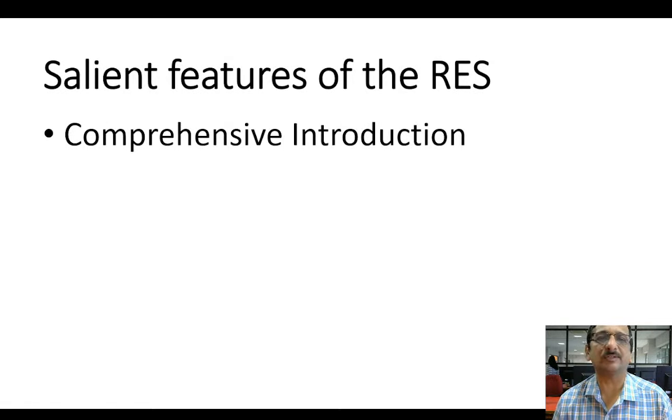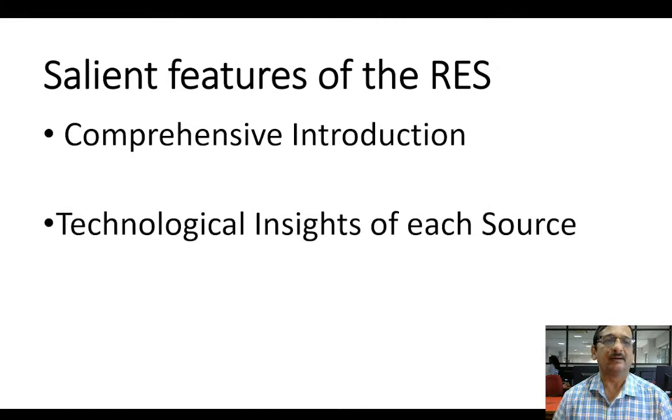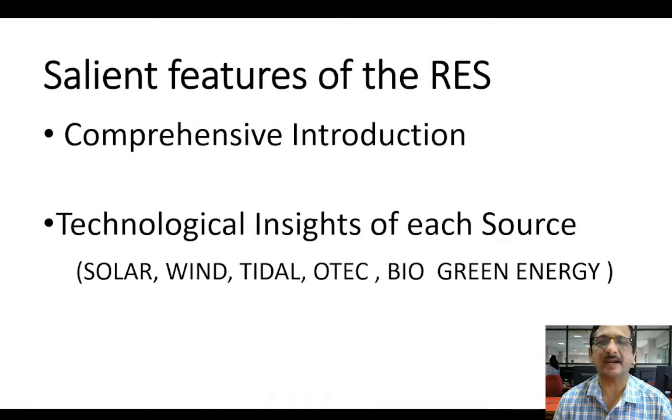Then we go for the technological insights of each source, starting with solar, wind, tidal, OTEC, that is ocean thermal energy conversion, then biomass, then green energy. In each case we will discuss the energy input and energy output, the hurdles, the advantages and disadvantages, or in simple words, the strengths, weaknesses, opportunities and threats for each particular source.